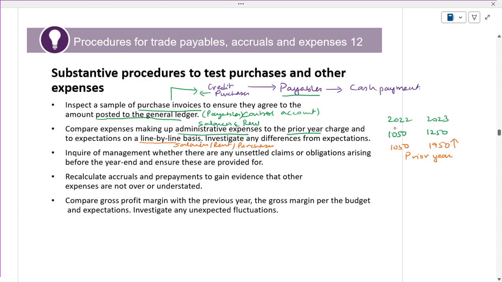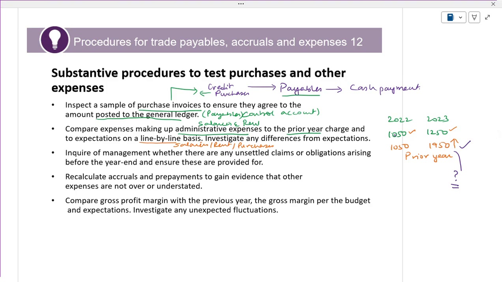Last year how much did you purchase, and this year how much are you purchasing? If last year you purchased 1050 and this year you purchase 1250, it is understandable. But if last year you purchased 1050 and this year 1950, then definitely there will be a question mark. Why are there more purchases?